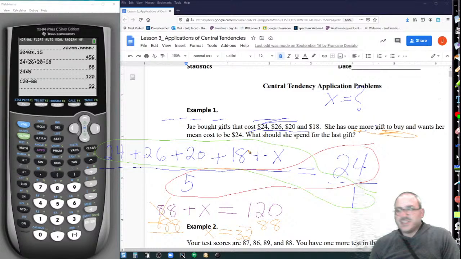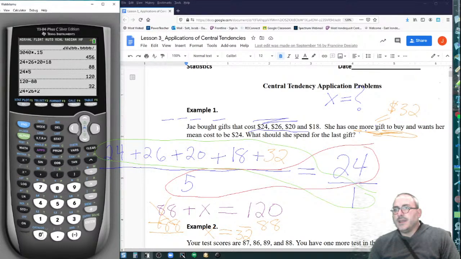If the one more gift is equal to $32, then the mean will be 24. And let me test this out to see if this works. If I'm right, then 24 plus 26 plus 20 plus 18 plus 32.